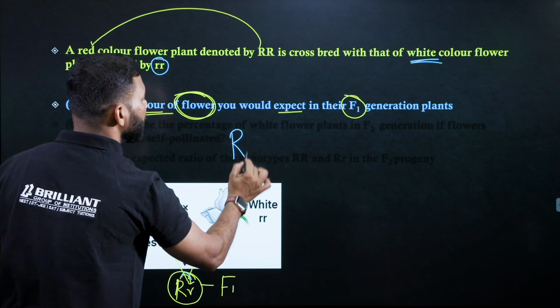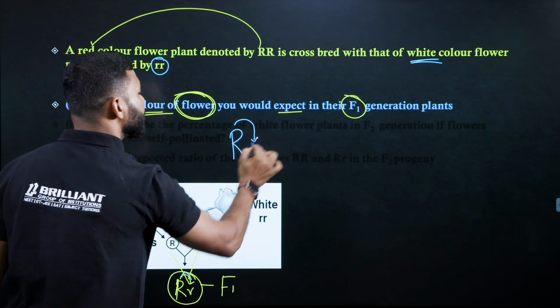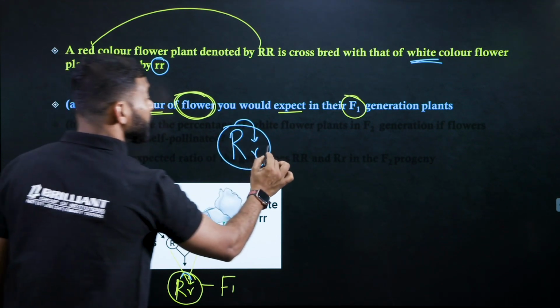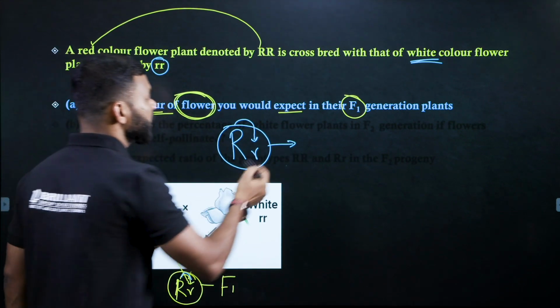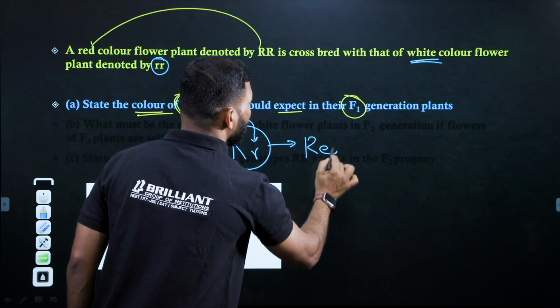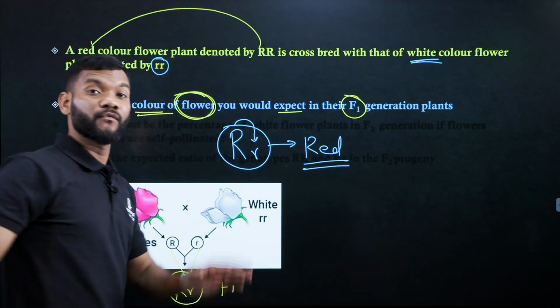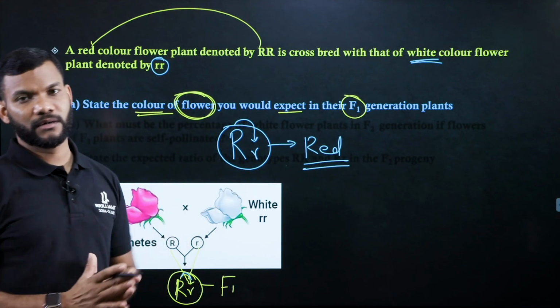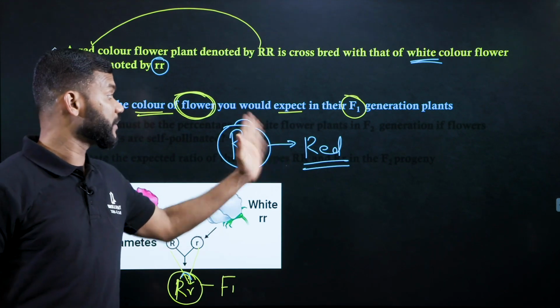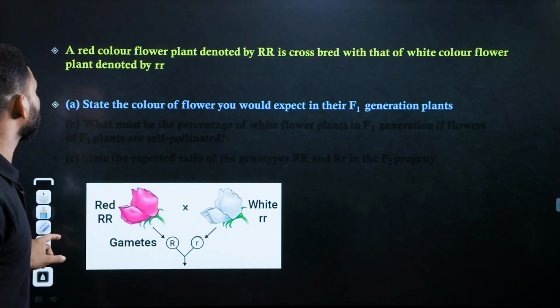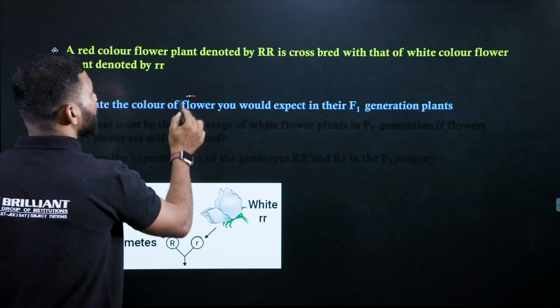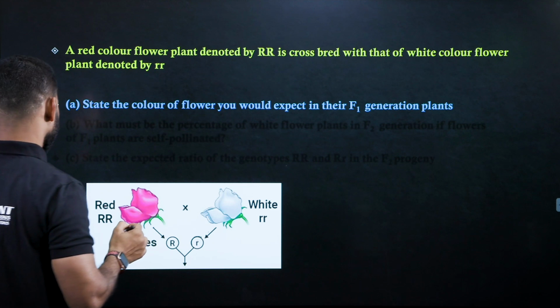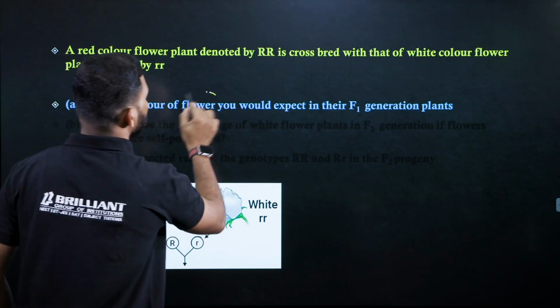Only the dominant character will be expressing. That is why all plants will have red flower color. So the answer here is red. The color of the flower will be red.